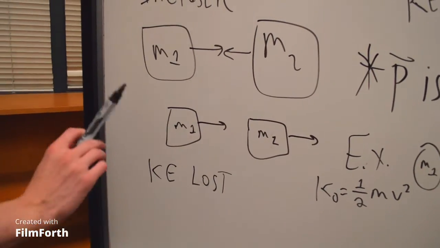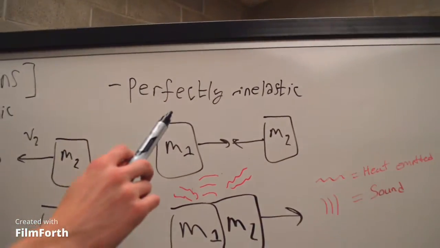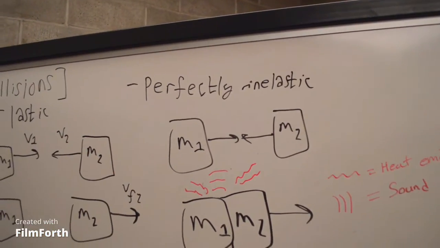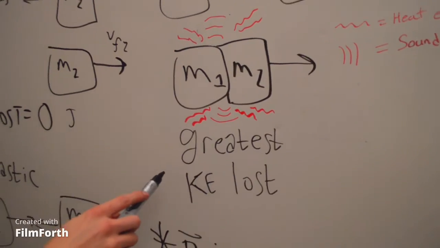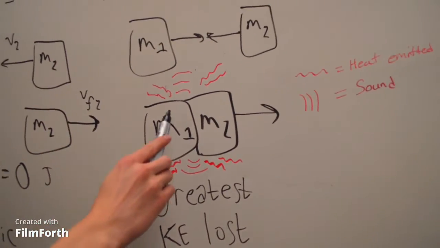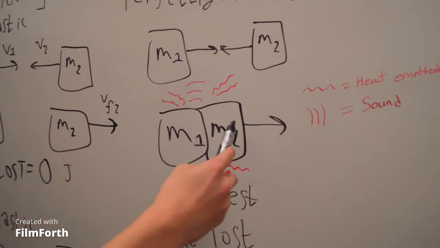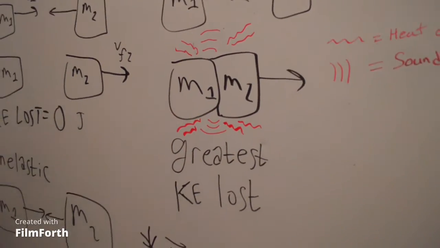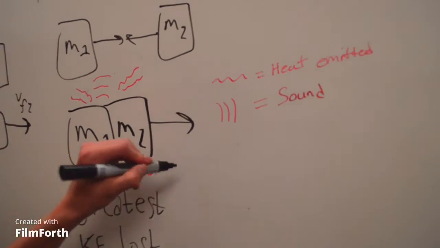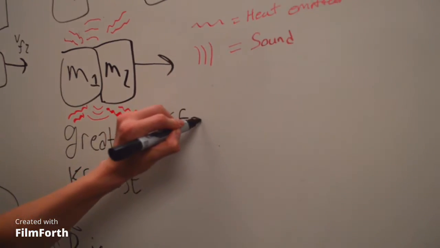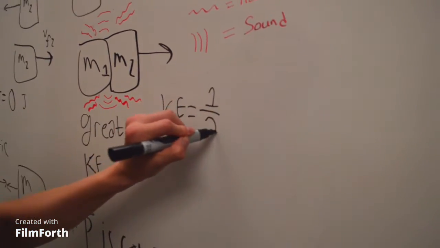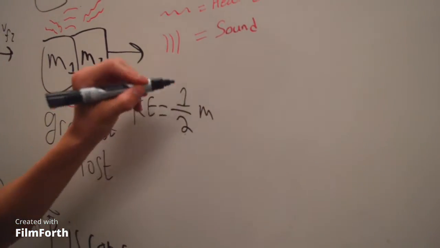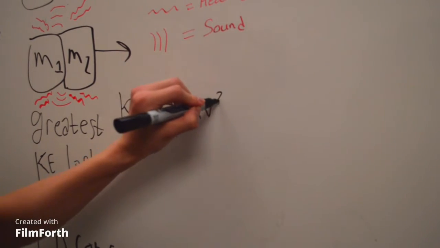However, unlike perfectly inelastic over here, it's not the greatest kinetic energy loss. And the reason is, if you look over here, the masses stick together post-collision, resulting in the greatest kinetic energy loss, as kinetic energy, as you can see I'm writing right now, equals half multiplied by the mass multiplied by the speed squared.